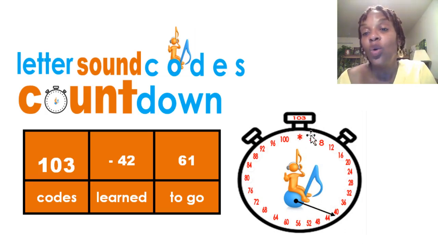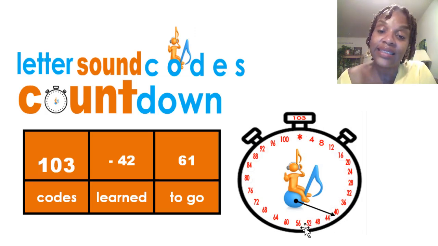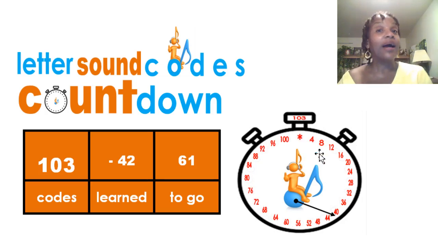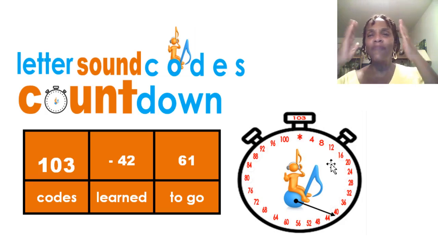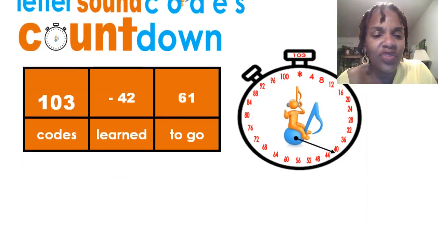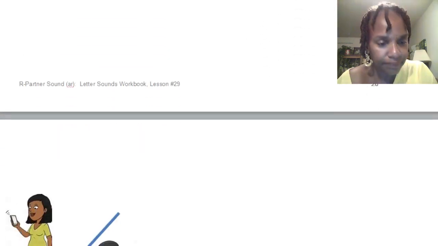Look where we started from. We've learned all of these codes, so we're right here, and look where we're headed. We're headed to 103. We're just moving along. You are sounding out words. You're practicing. You're doing big things. Good for you.